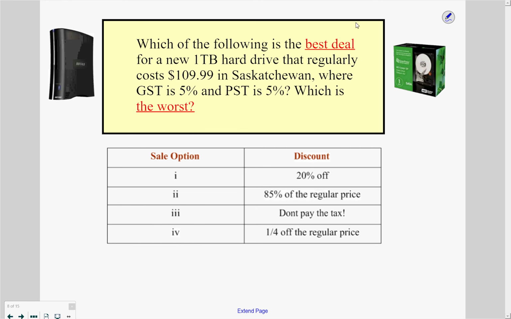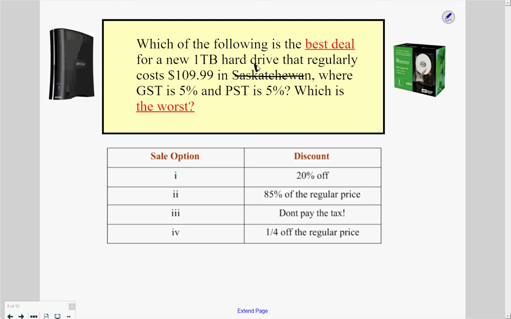It says, which of the following is the best deal for a new 1 terabyte hard drive that regularly costs $109.99 in Saskatchewan, where GST and PST is 5%? Okay, so let's scratch this.